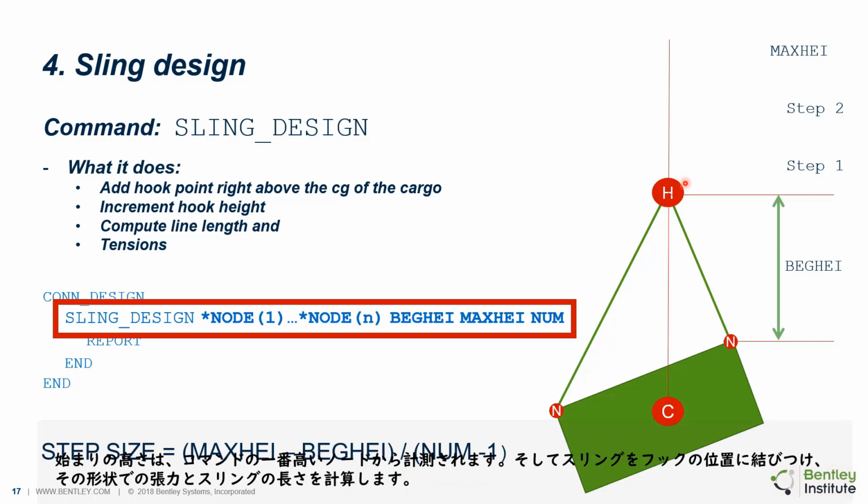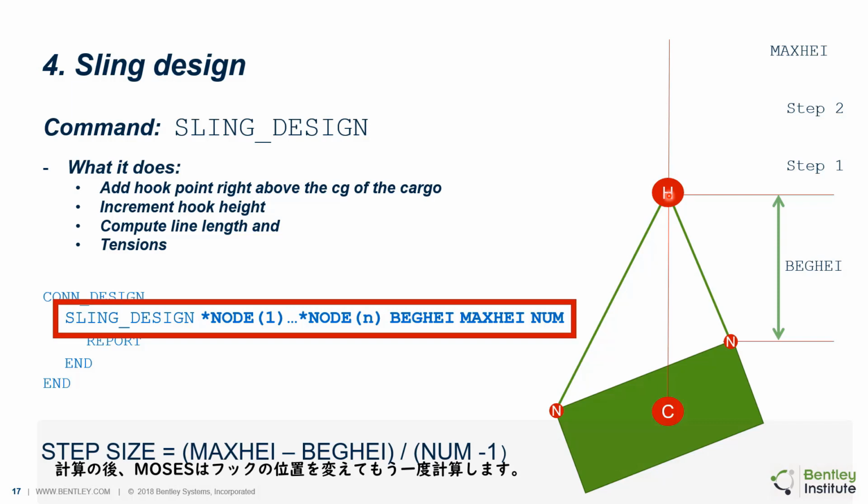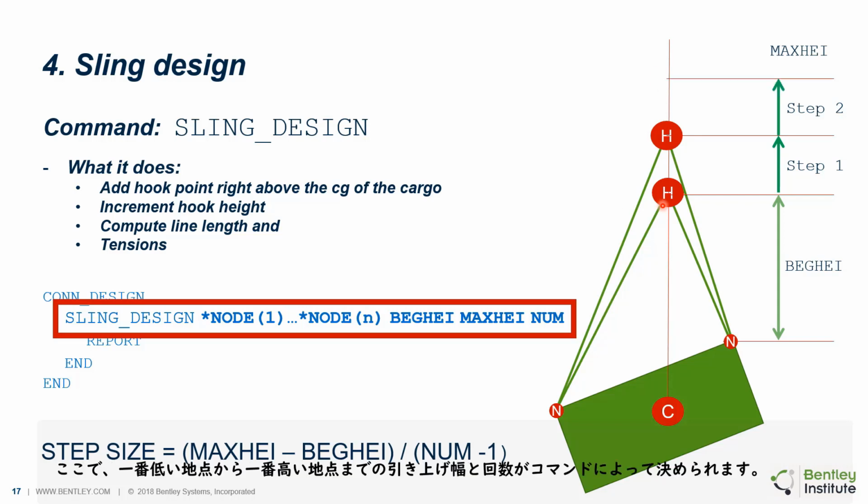The beginning height is measured from the highest node on the command. Then it connects the slings to that hook point. Then it calculates the length of slings and the tensions in that configuration. After the calculation, MOSES relocates the hook point, then does the computation again.